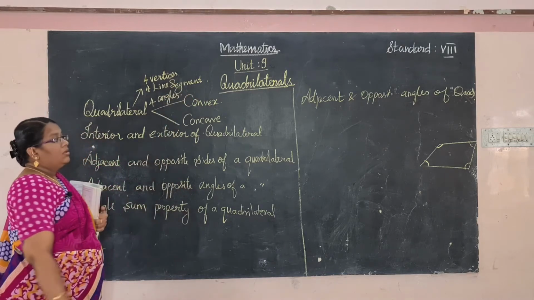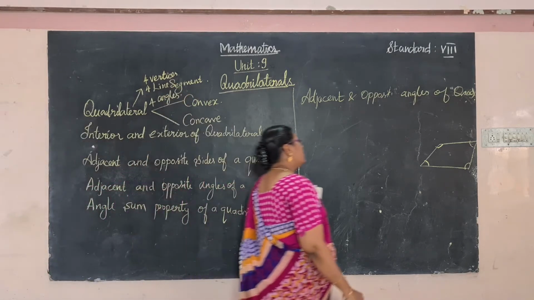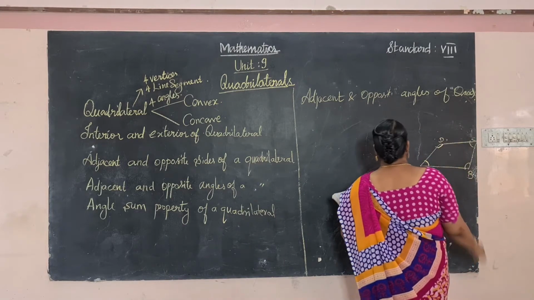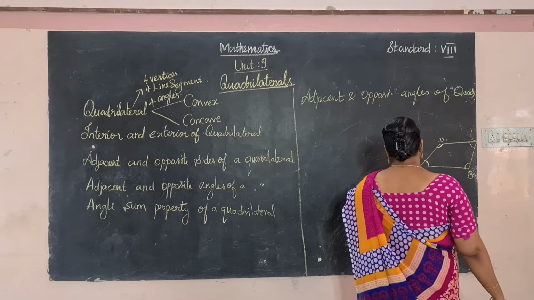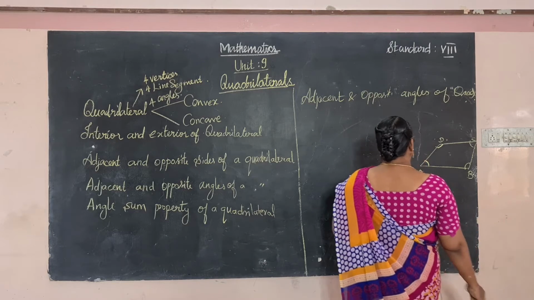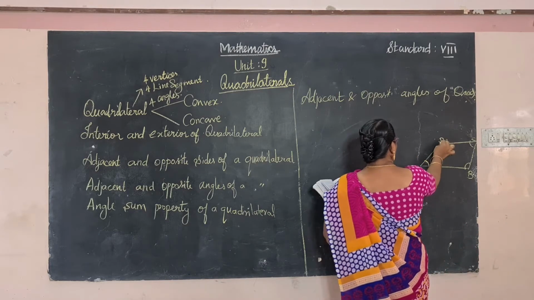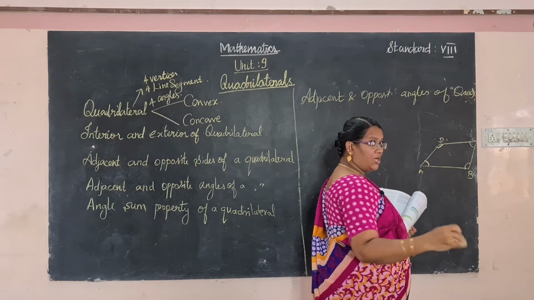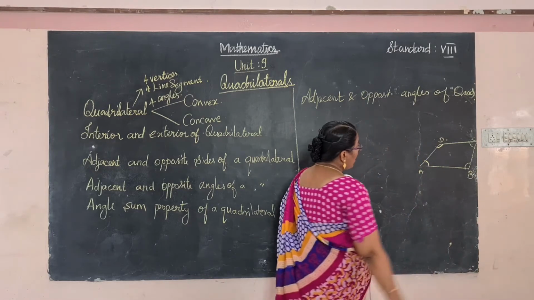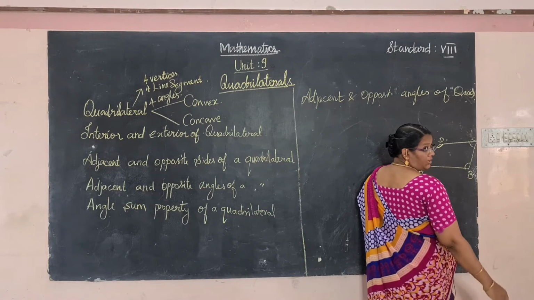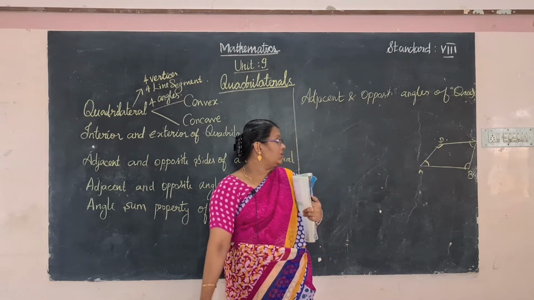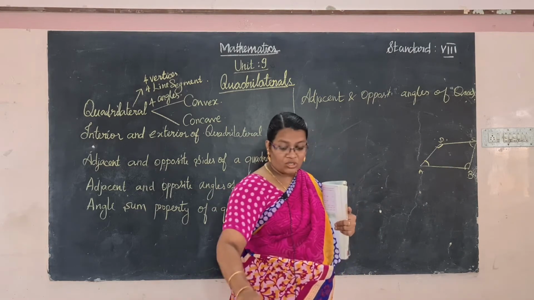We have considered one quadrilateral and denoted it A, B, C, D. Two angles of the quadrilateral are called adjacent angles. Adjacent means next ones. Here A and D are adjacent angles, A and B are also adjacent angles, B and C are adjacent, and C and D are adjacent angles.